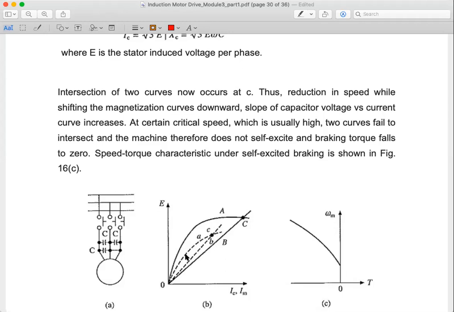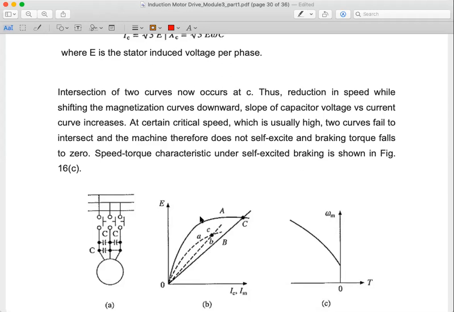So for a reduced speed, the small a and small b are the corresponding curves, and C is the operating point. As the speed reduces further, we can have a point when this A graph and this B graph do not intersect at all. When they do not intersect, self-excited braking is not possible.